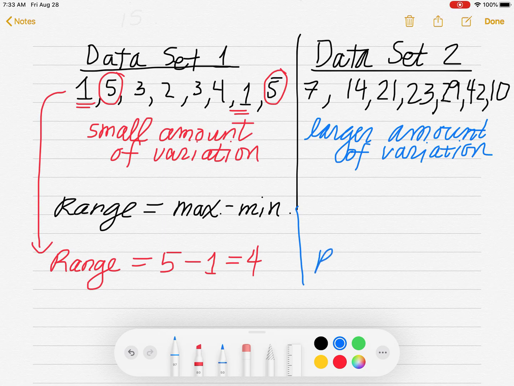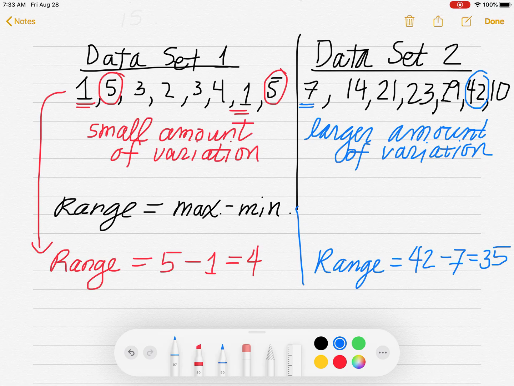As for the second data set, our largest number here is 42, and it looks like our smallest number is 7. So we have a much larger range, 35. So it looks like our data is more spread out overall here.